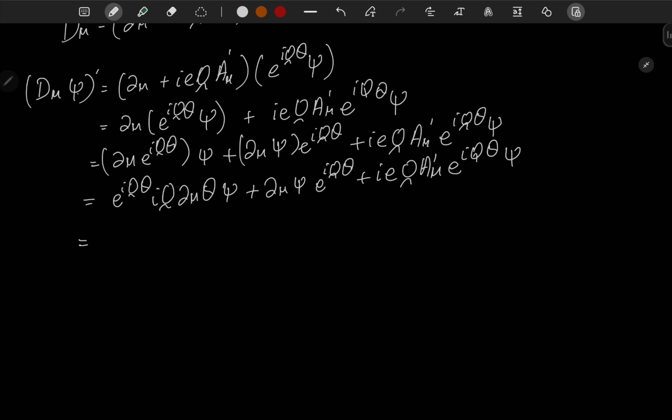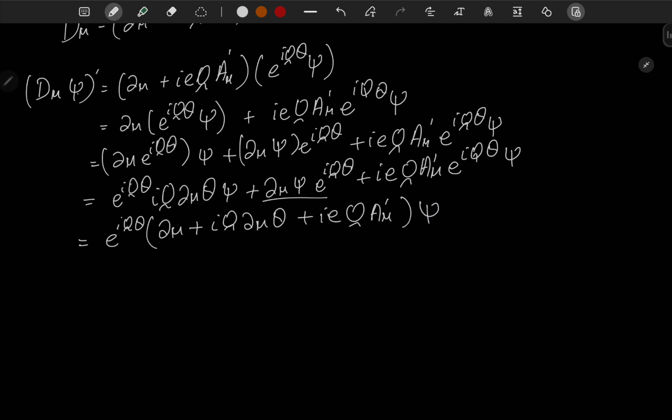Let's take this common factor out, and what we are left with is d mu, plus iota q d mu of theta, plus i e q a mu prime, acting on psi.